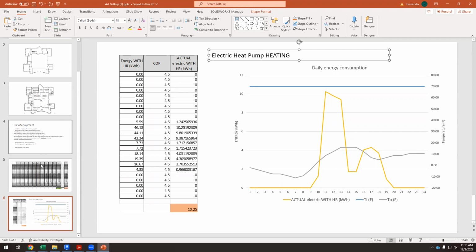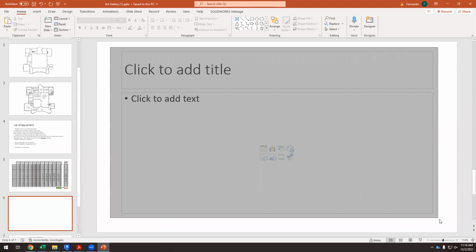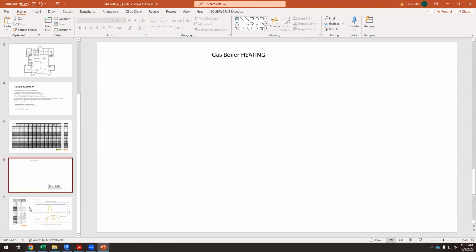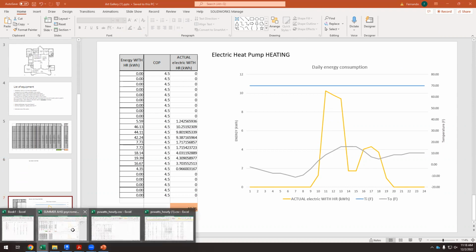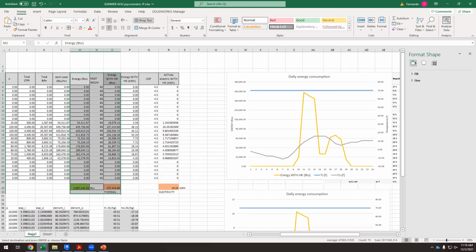And then we can have this value here. And this is the fuel, the gas boiler for heating. And probably we need a table like this so I can paste the information about the heating in BTUs.